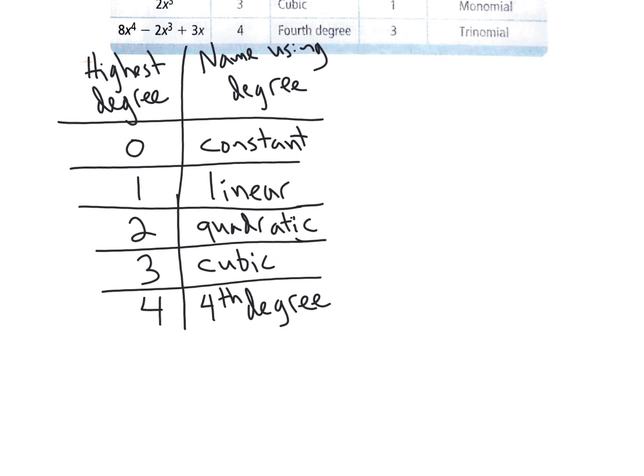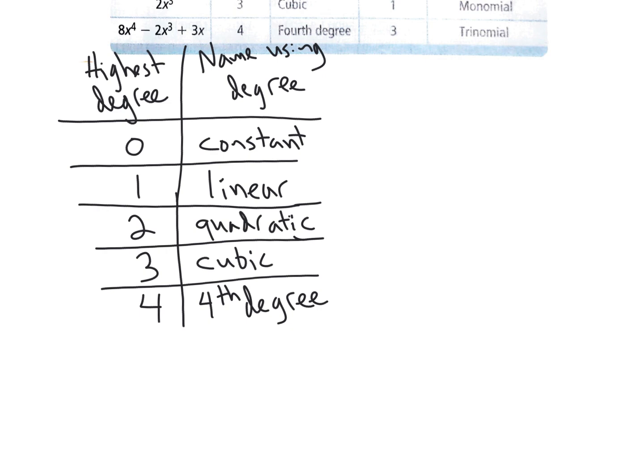With quadratic being 2, initially when I looked at this, it was kind of like, well, why is that the case? Because I've heard of quad as a prefix having to do with 4, like 4 quarters in a dollar, and things like that.